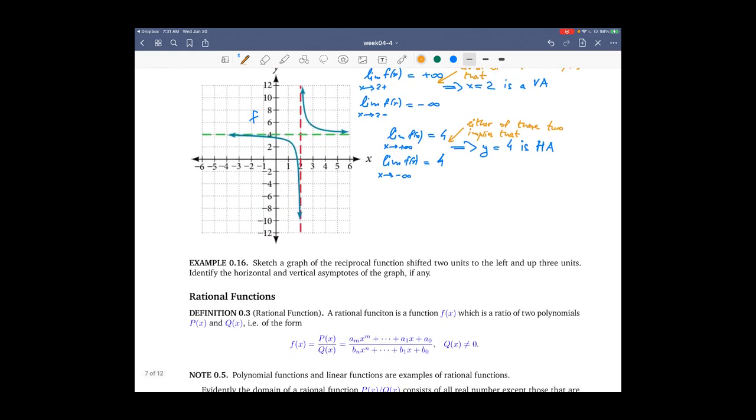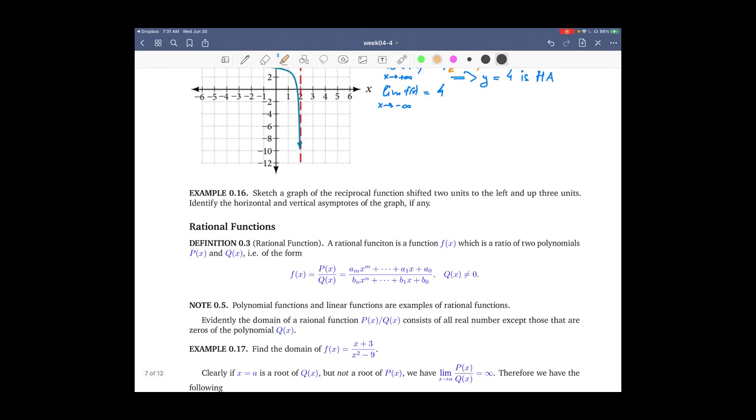All right, in the next example, we need to sketch a graph of the reciprocal function shifted 2 units to the left and 3 units upward. Then we need to identify the horizontal and vertical asymptotes.